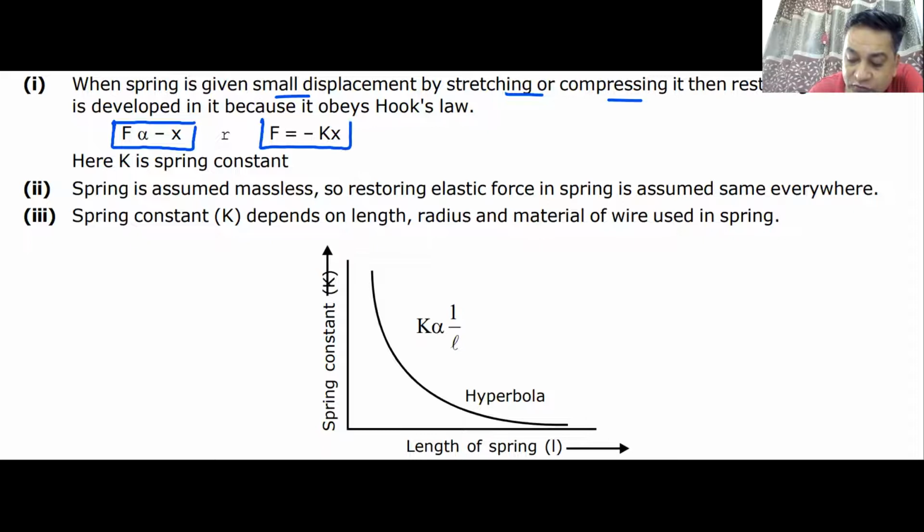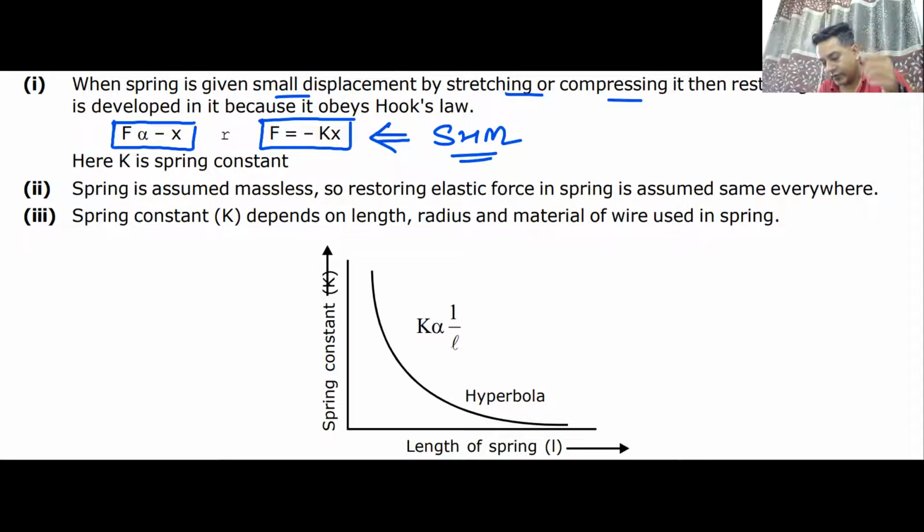I can write force is equal to minus kx. Now this same formula we had derived for SHM. The same formula has come here. That means the system of a block attached to a spring is nothing but it will perform SHM.